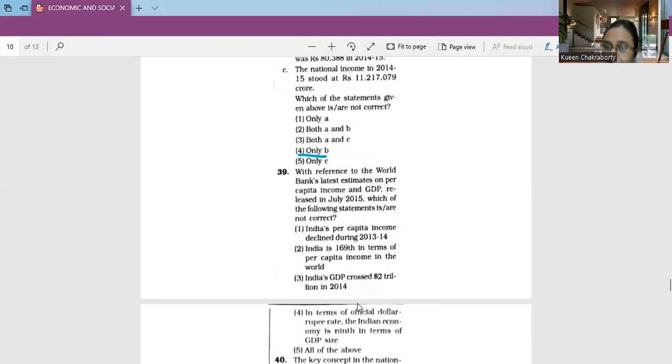So India's per capita income has been rising in rupee terms, but the depreciation of the country's currency against the dollar made it look smaller than in 2012-13. So accordingly, we have answer number 1 as the correct one. India's per capita income declined during 2013-14.